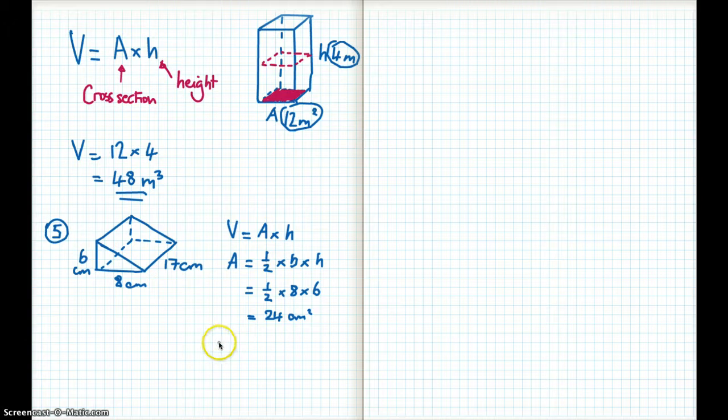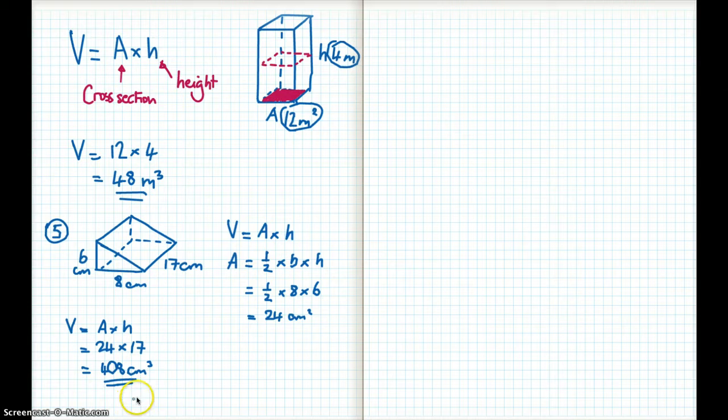And so our volume is the area times the height, which is 24 times, how long is it? 17, which, if we double check on the calculator, because I can't do that in my head, 408 centimeters cubed.